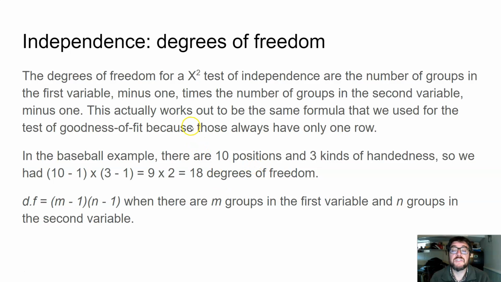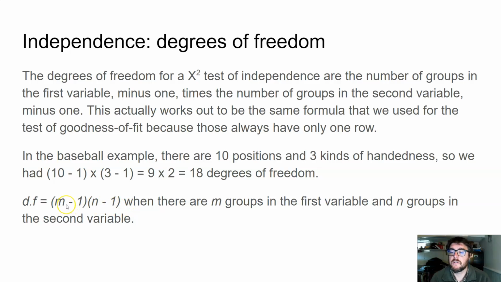Since we're looking at two different groups, we have to compute degrees of freedom slightly differently than for the chi-square test of goodness of fit. If you remember, for goodness of fit you have the number of groups minus 1. We take the goodness-of-fit type degrees of freedom for the first variable and multiply that by the goodness-of-fit type degrees of freedom for the second variable, and that gives us the total degrees of freedom for our chi-square test of independence.